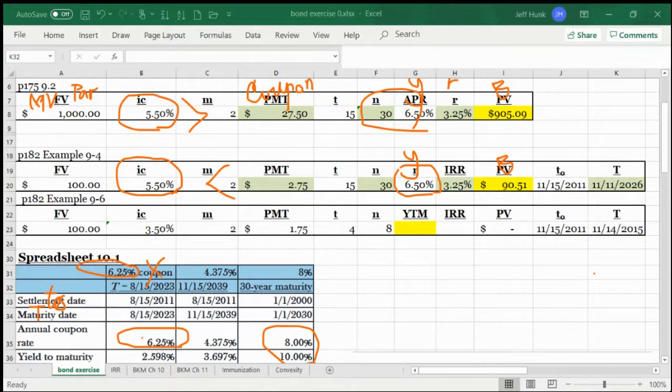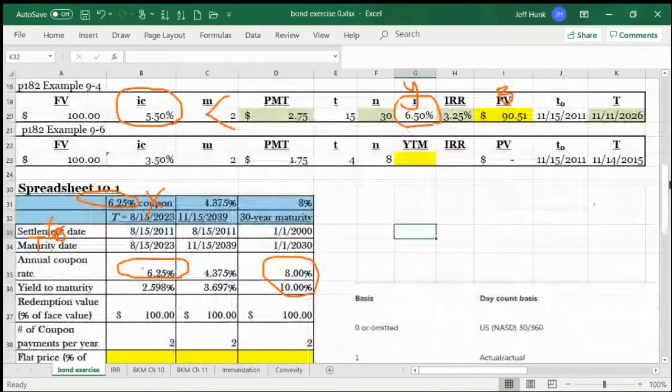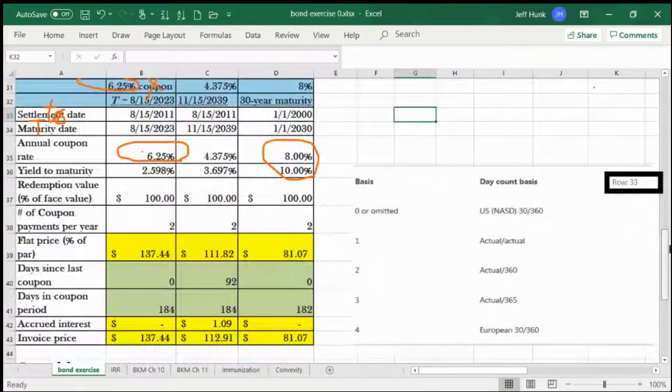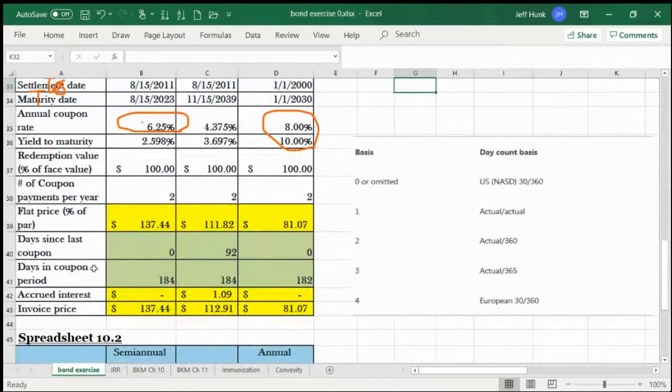Just to quickly go over what we did in our last video, it was basically finding bond price, or calculating bond price using the price command or price function in Excel.